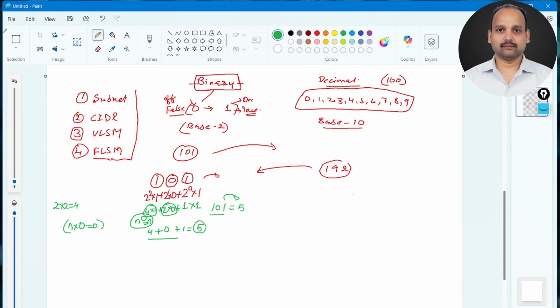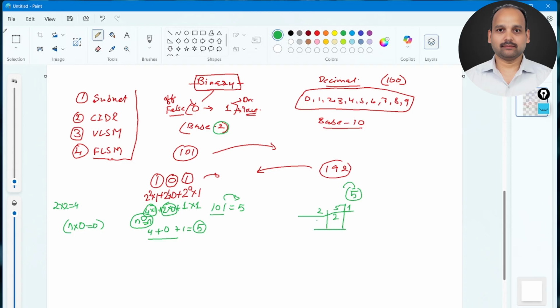If I say this is 5, what will be the binary value? How are you going to convert it? The base of binary is 2, so I am going to convert using 2. I just start the division: 5 divided by 2. 2 times 2 equals 4, and the carry will be 1.